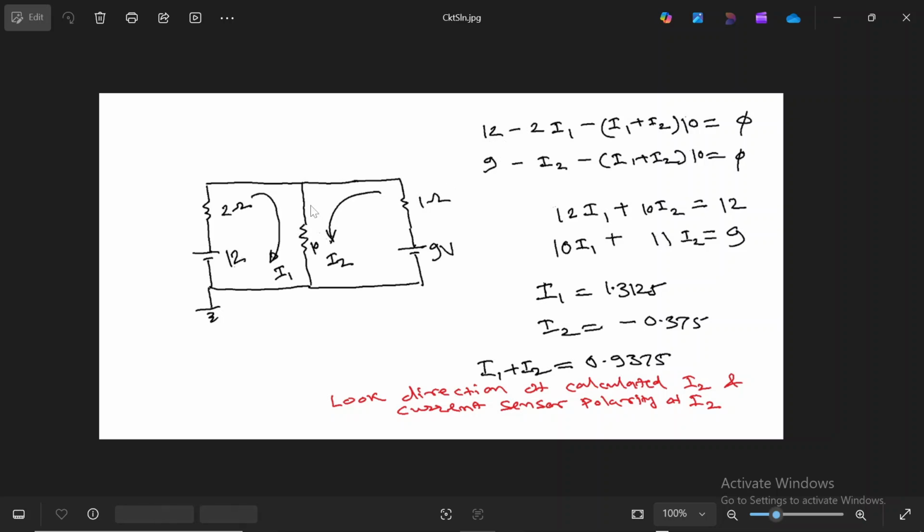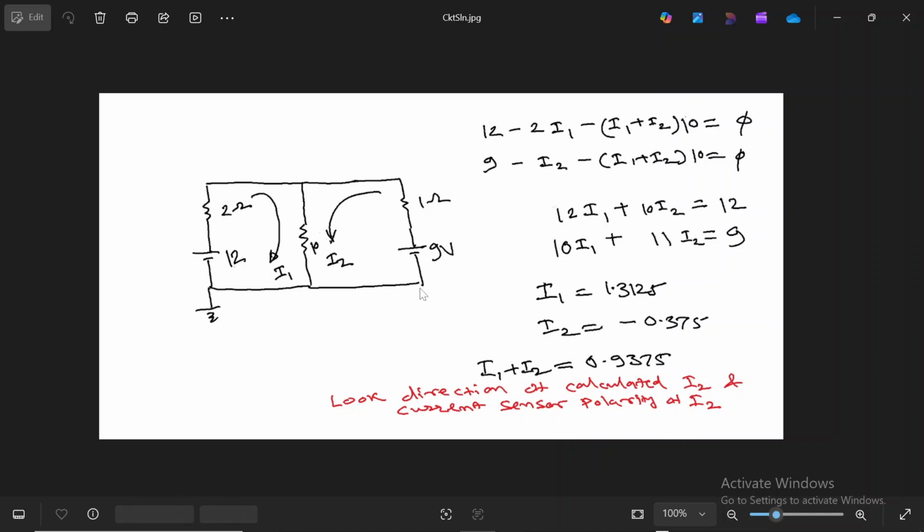That is 12 minus 2 times I1 minus (I1 plus I2) into 10 equal to 0, and 9, the increase in voltage, minus I2 multiplied by 1 minus (I1 plus I2) multiplied by 10.